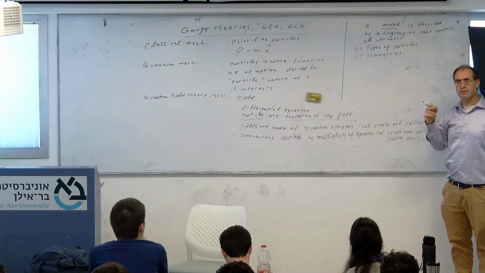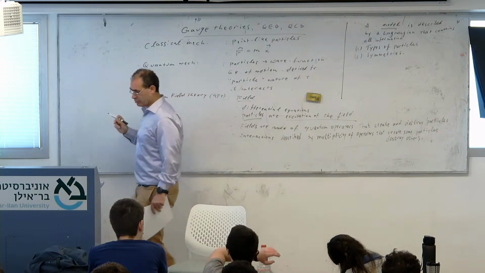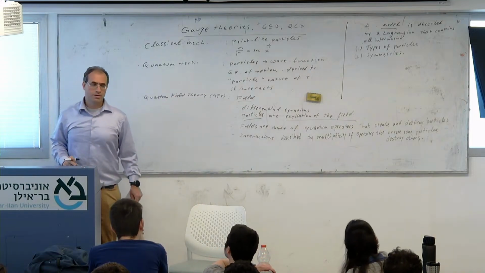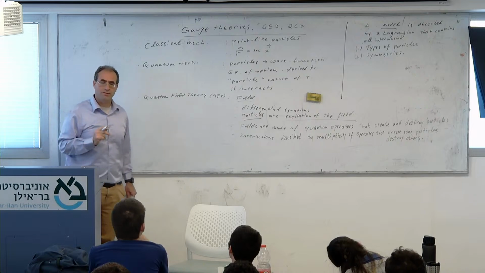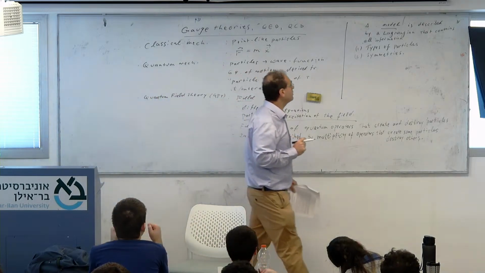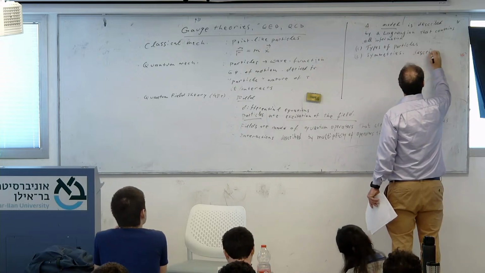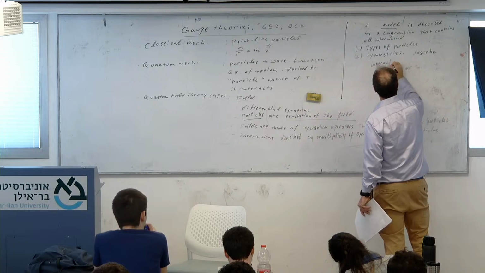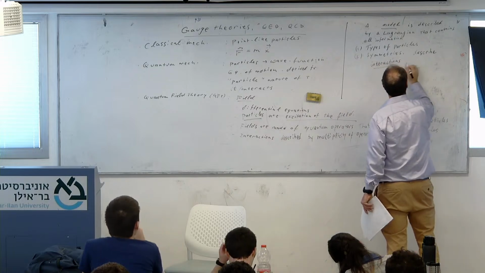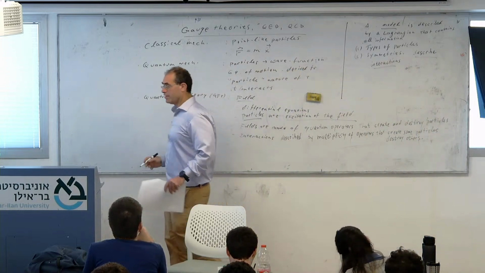Okay, take a second to digest that. That's an idea by Hermann Weyl, a mathematician, who actually proved it in some parts. And to the best of our knowledge, it works. I'm going to show you how it works, and that's really going to be fun. Okay, symmetries describe interactions. And that's the origin of these gauge theories.